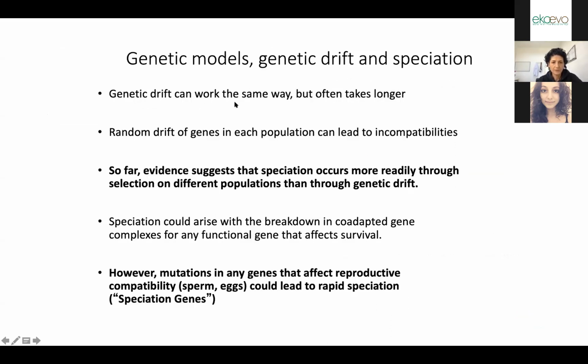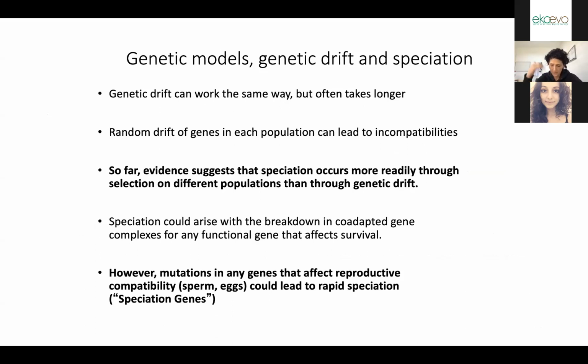And in plants, there is also a speciation gene. I'm going to give just brief information. Actually, a mutation that happens in the sperm or the egg can affect the fertilization process.